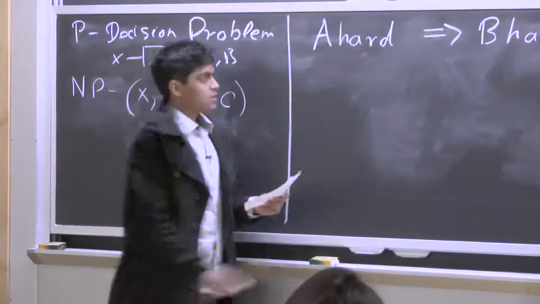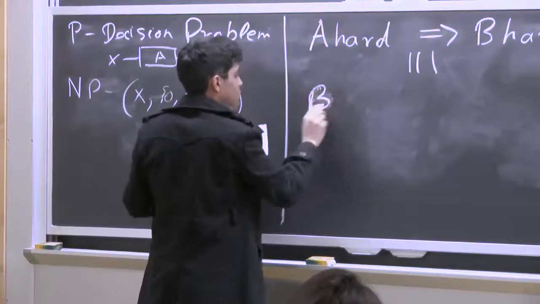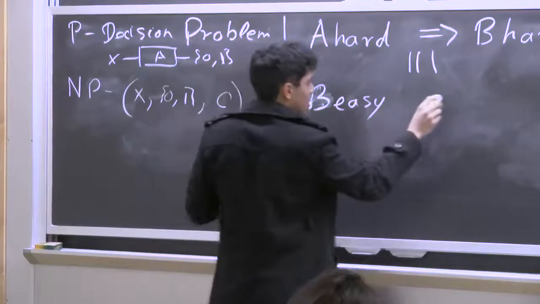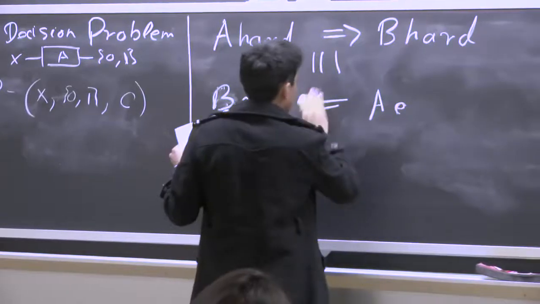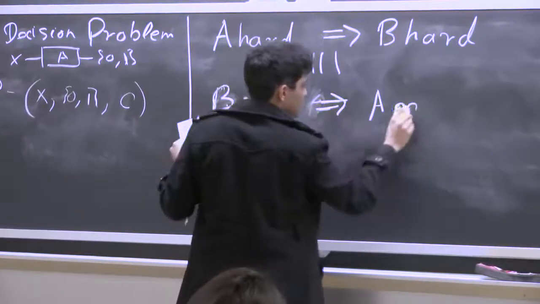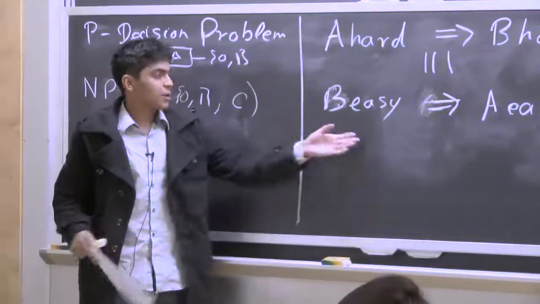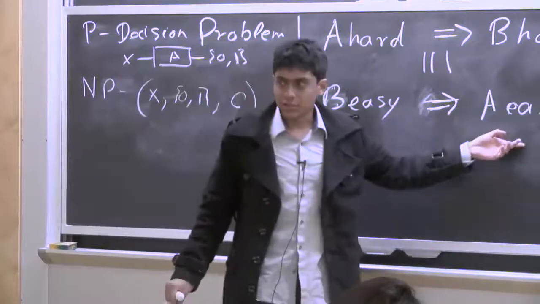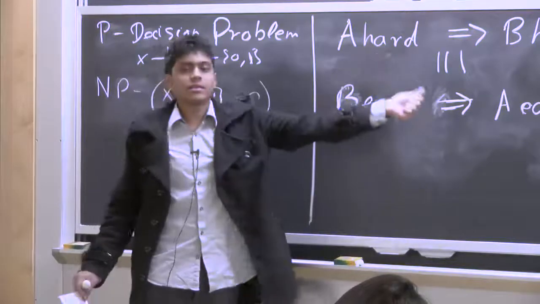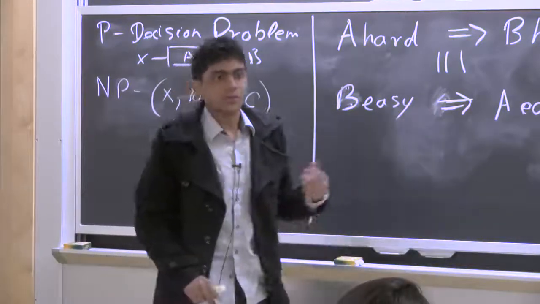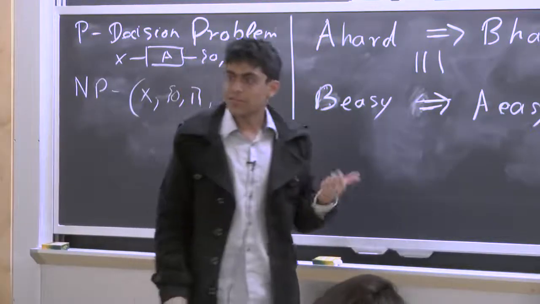This is equivalent to saying that if B is easy, then A is easy, which is the contrapositive. Assuming that B has a polynomial time solution, A has a polynomial time solution. That statement is equivalent to saying if A is hard, B is hard. So if you know that A is an NP-hard problem, we can say that B is an NP-hard problem. To show that B is NP-hard, first we show that B is in NP, and then we show that B is hard.